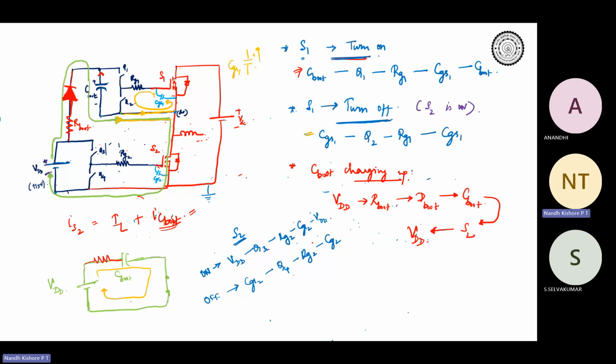Okay. So you also understand, if let's say S1 is on for a very long time, will it cause any problem? A capacitor has a fixed value, right? It can provide the current for a particular time.